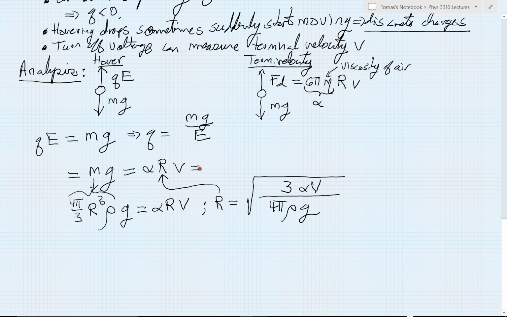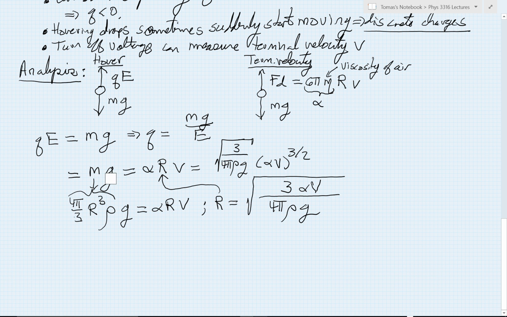So at the end of the day, I'm going to have alpha v to the 3/2 power. And then the remaining factors here, because I already took care of this alpha and v, are the non-alpha v parameters inside my radius, which will be this square root. So it's going to be square root of, there's just a 3 left on top, and I still have my 4 pi rho g on the bottom.